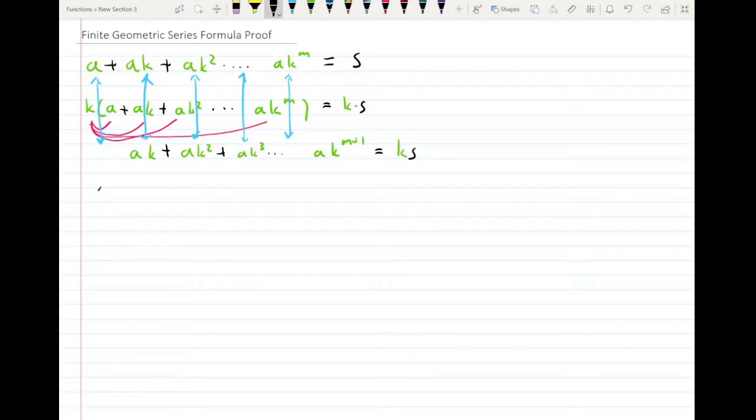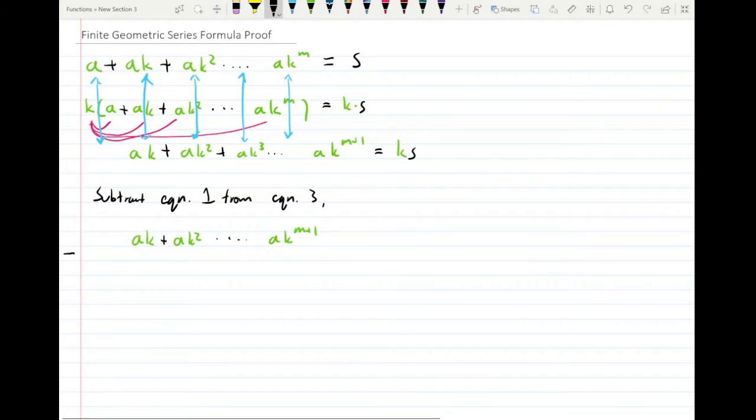So this means if we subtract equation 1 from equation 3, I'm going to frame this subtraction by rewriting both equations down here. AK squared, so on, to AK to the M plus 1.